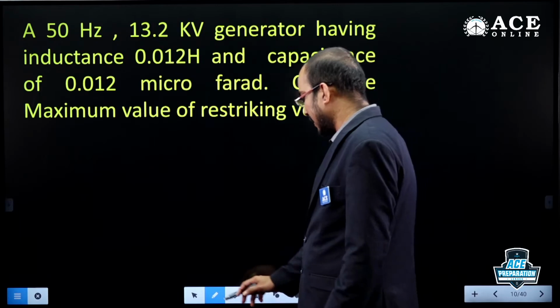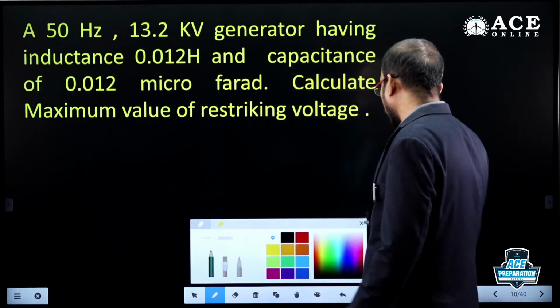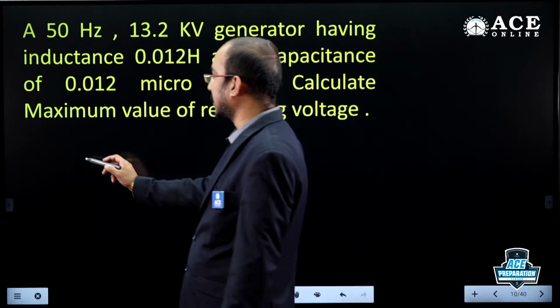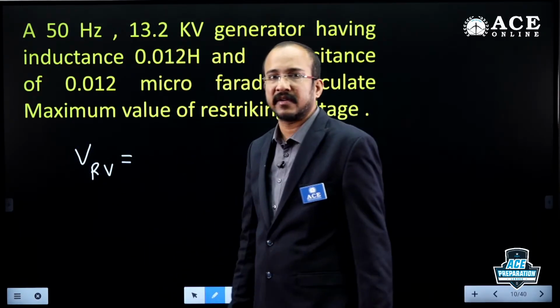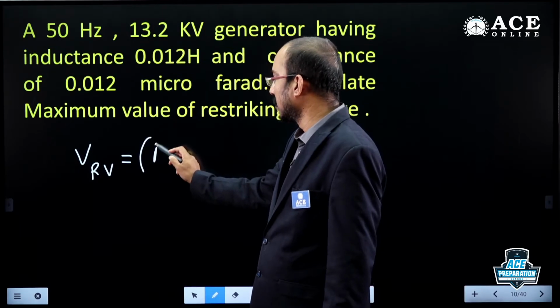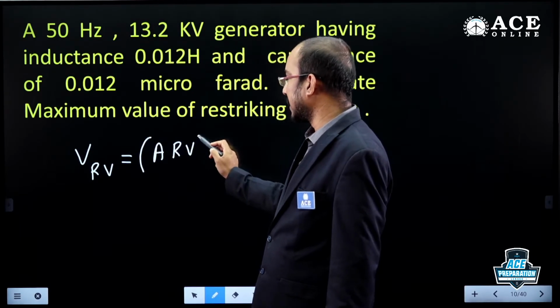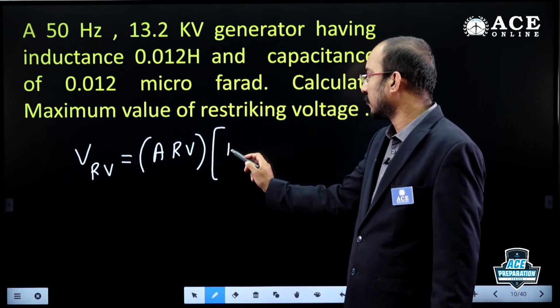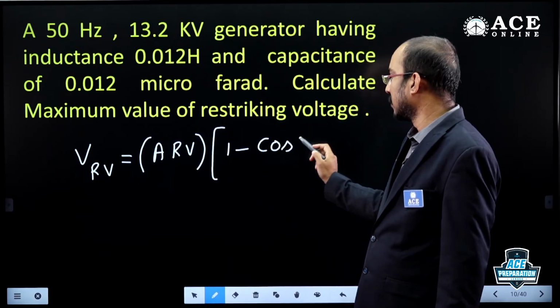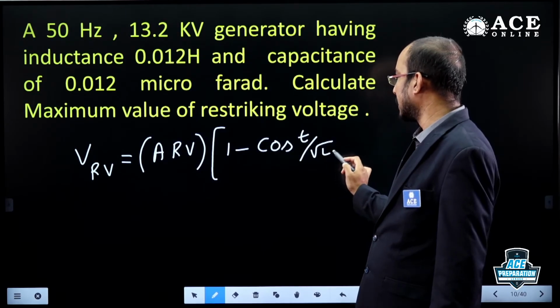For this, let us first evaluate the restriking voltage. What is the relation for restriking voltage? VRV is equal to active recovery voltage, ARV stands for active recovery voltage, into 1 minus cos of t by root LC.